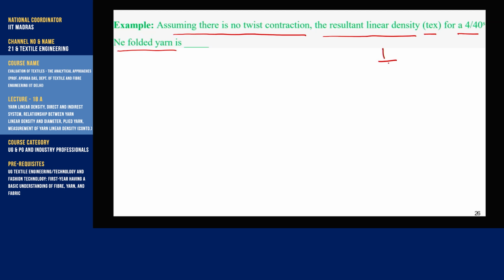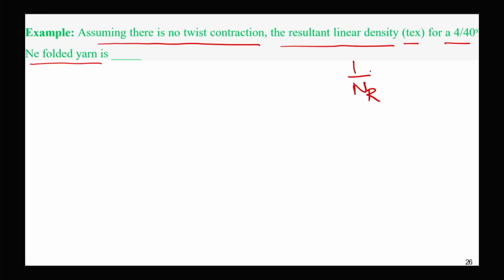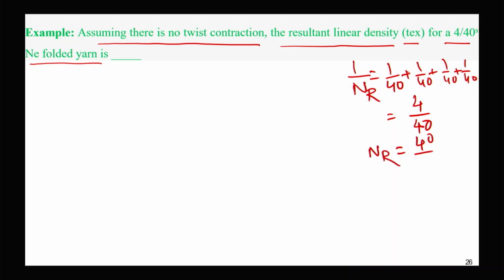So 1 by resultant count equals 1 by 40 plus 1 by 40 plus 1 by 40 plus 1 by 40. 4 components are there, so 4 by 40. And NR will be 40 by 4, 10 NE.